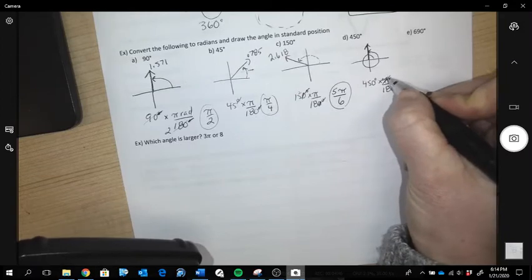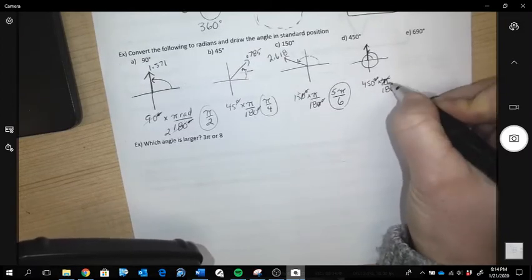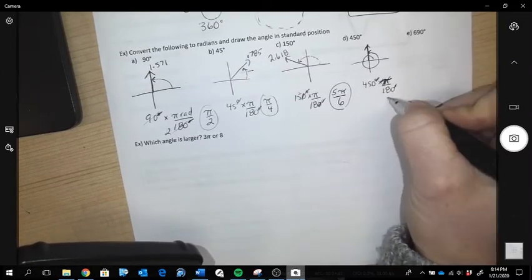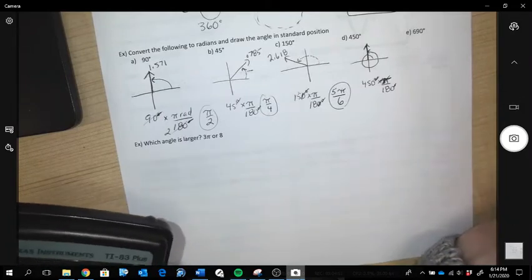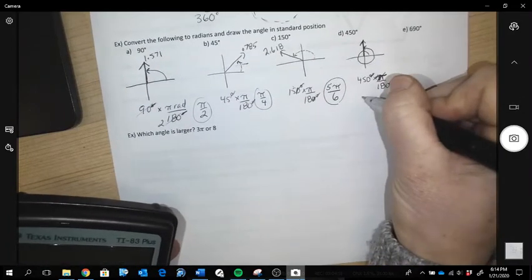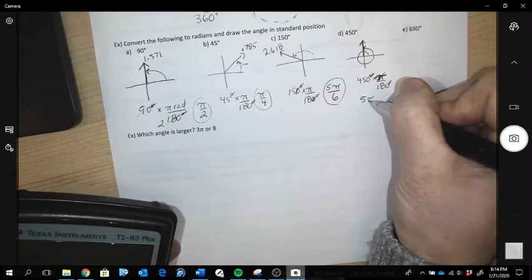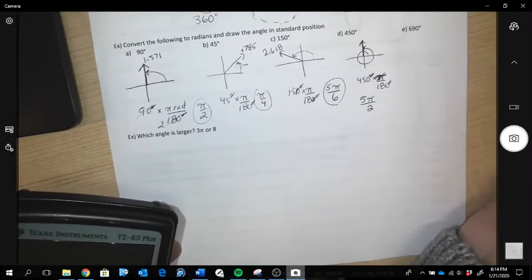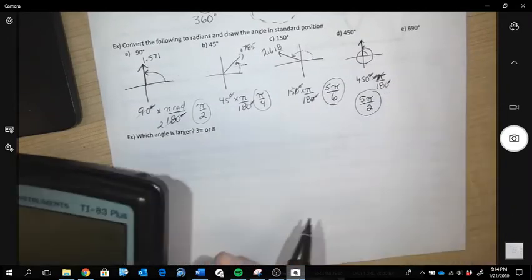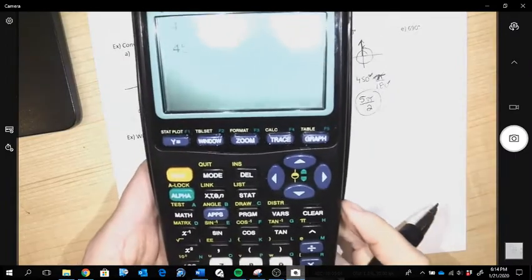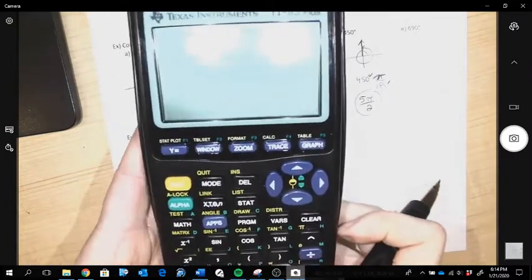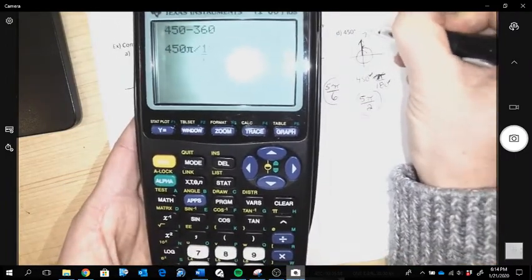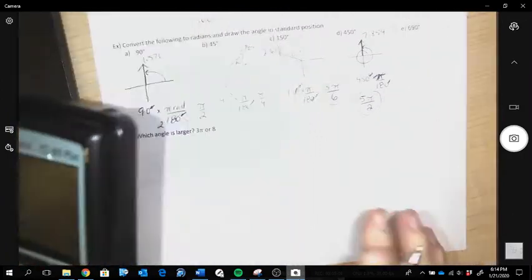The degrees cancel. 45 divided by 180, you could reduce to 5 and 2 if I divide each by 90. Okay, and if you want, 450 times pi divided by 180 is 7.854.